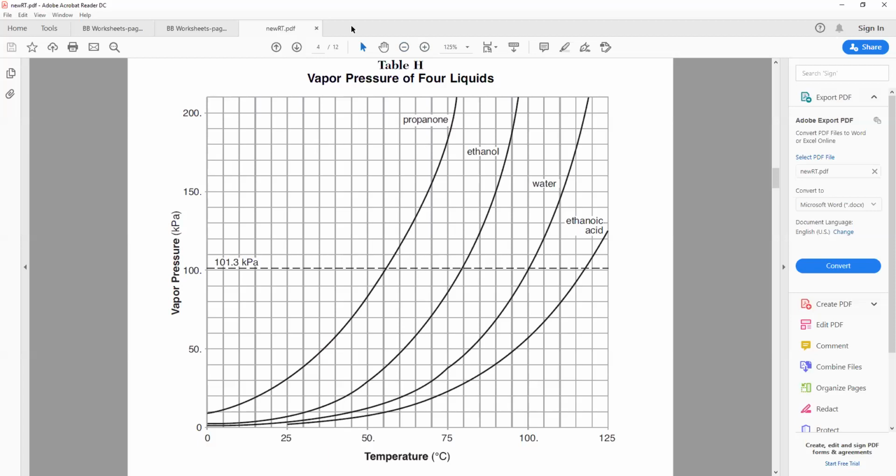Let me just draw a line so that we can show that one. So we're talking about ethanoic acid right here.